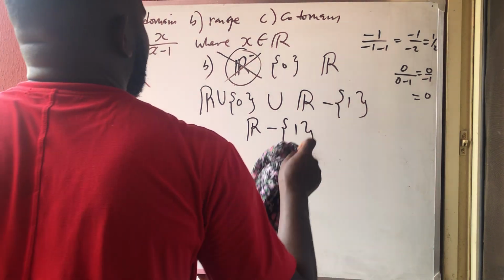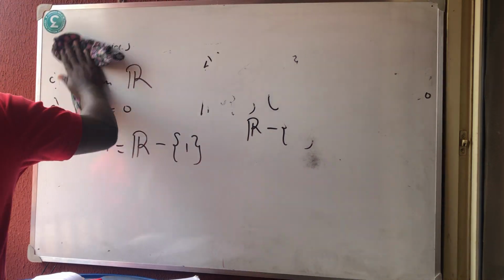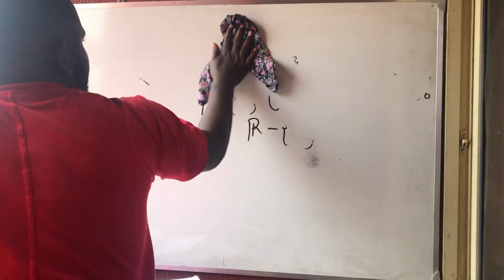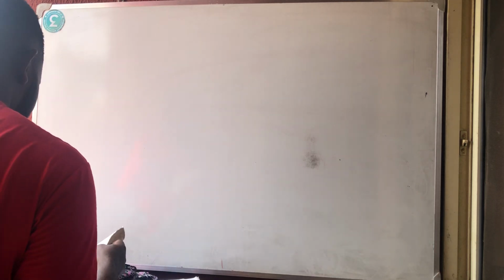So the next thing I'm going to teach you, let me increase my voice because of the mic. The next thing I'm going to teach you is, let's look into other types of function. But before that, there is this type of question that always comes out.